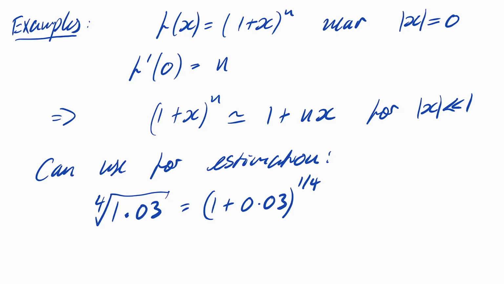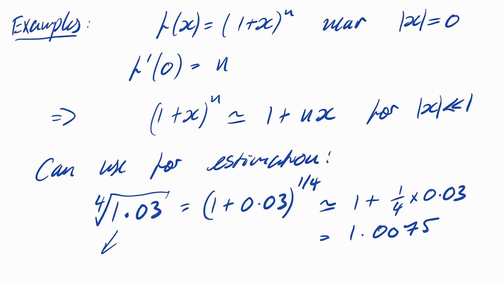And since 0.03 is much less than 1, we can approximate this as 1 plus 1/4 times 0.03, and that equals 1.0075. If we compare this with the true value, which is 1.007417, we can see that this is a pretty good approximation.